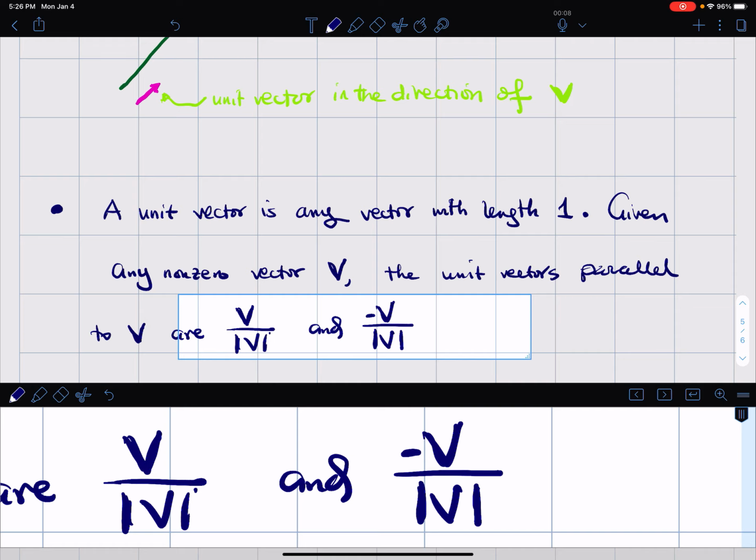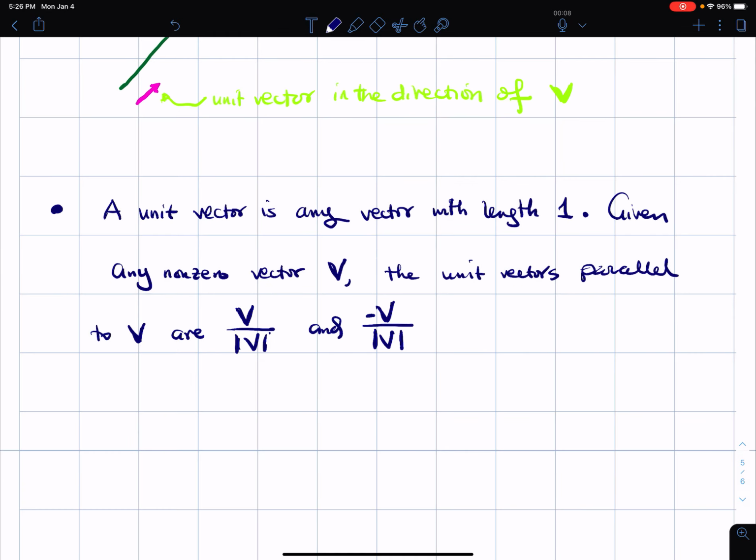Now, if we want to find a vector of a given length, let's say the length is c, and it's in the direction of v, all we have to do is find a unit vector in the direction of v and multiply it by c.